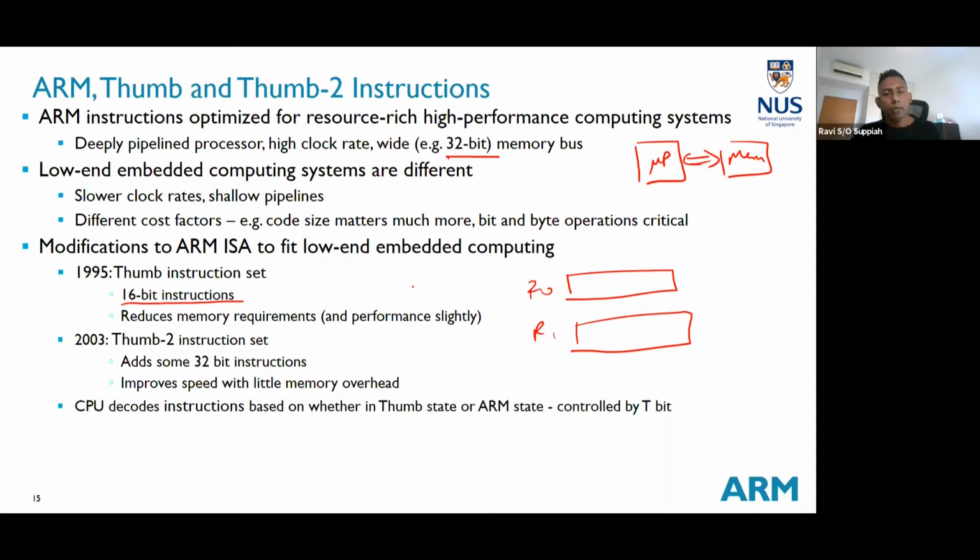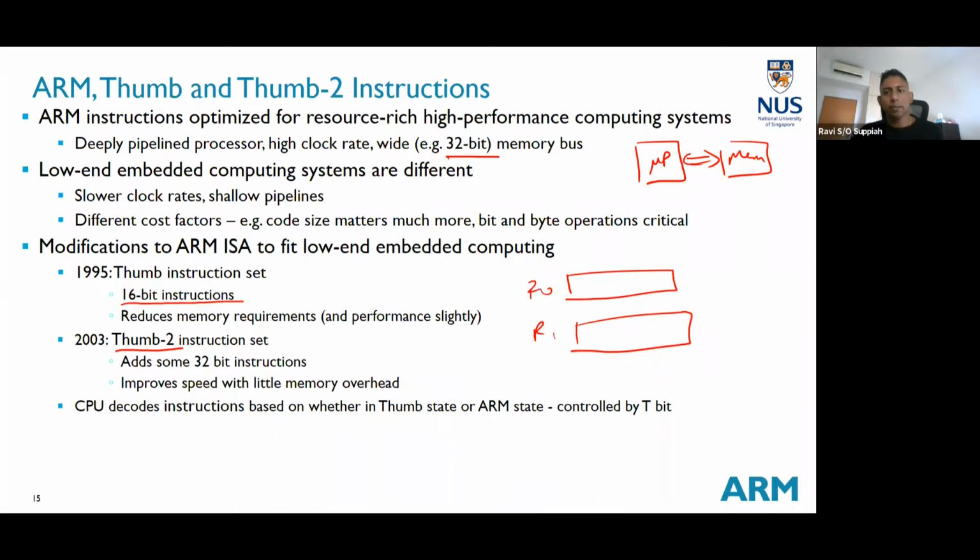Then memory prices started to drop and it became more affordable to support 32-bit memory. They could not just dump 16-bit and switch to 32-bit. So they came up with the architecture called Thumb-2, where you support both 16 and 32 together. The whole idea is so that people who had already switched to 16-bit could still carry on using the same code base and run it using the new architecture that supported Thumb-2 instructions.